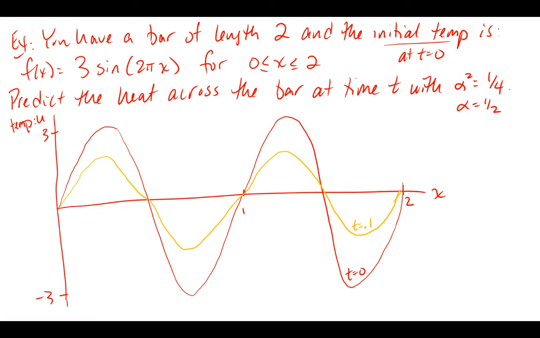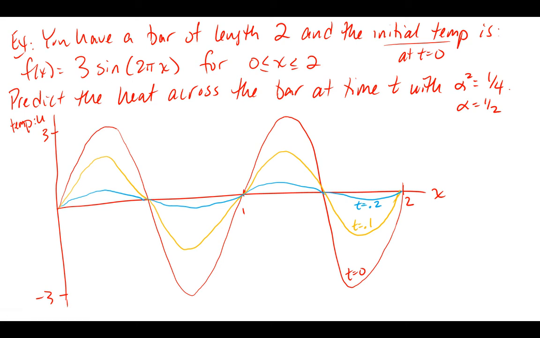If I go a little further, as t gets bigger and bigger, I'm going to get an even more decreased or more subtle amplitude. And that might be t equals 0.2. And probably it becomes pretty darn close to just flatline 0 pretty quickly, because of course that pi squared is a pretty large number in front of there.